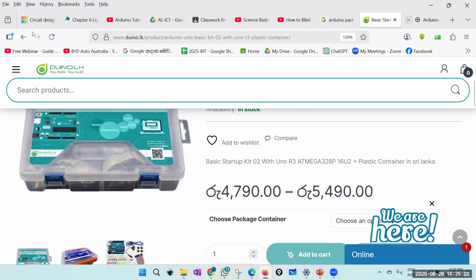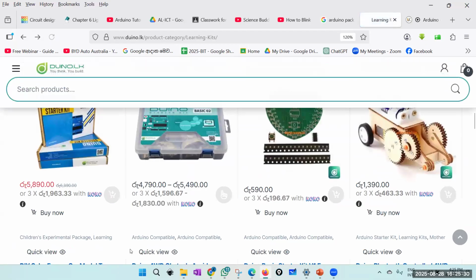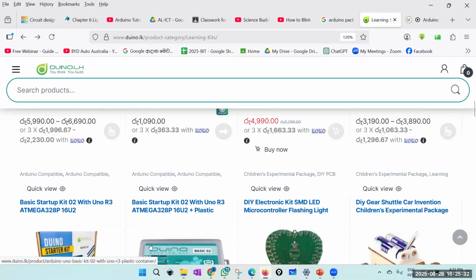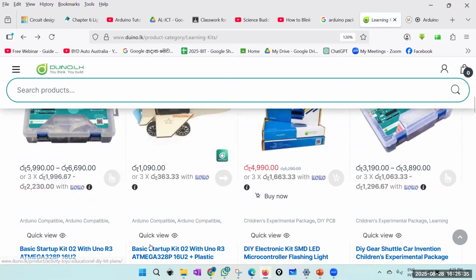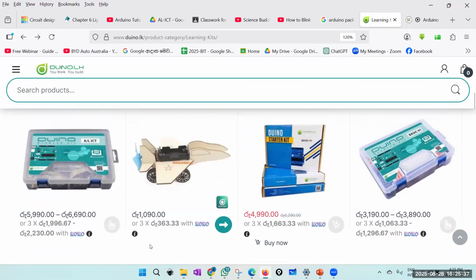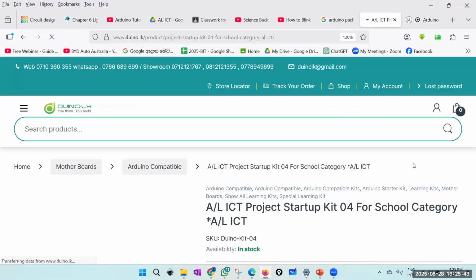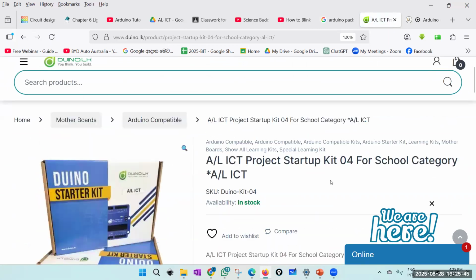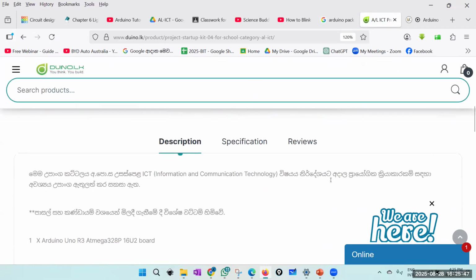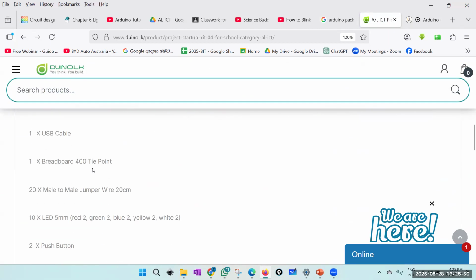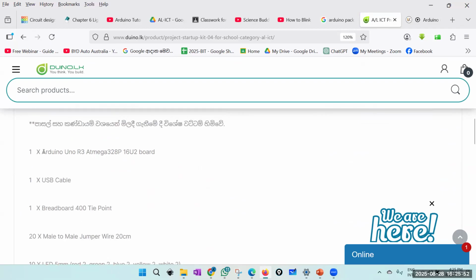But let's check something like the 8,000 page. Yeah, probably this one should have more widgets. So check whether you have the Uno.